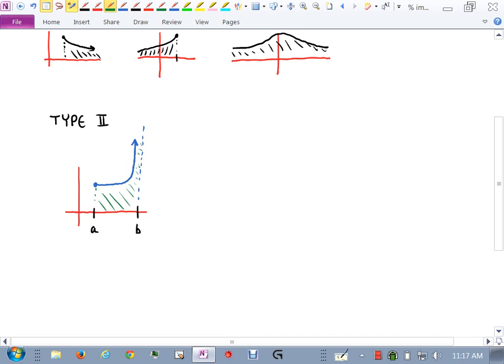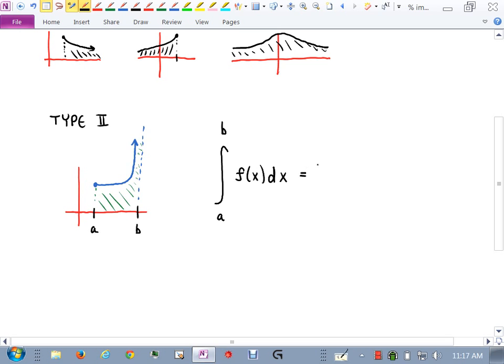Well, same thing with this. When this thing takes off like this, sometimes that area is finite, sometimes it won't be. So when we have something like this, we are going to have to convert this to an integral from a to b of f of x dx.